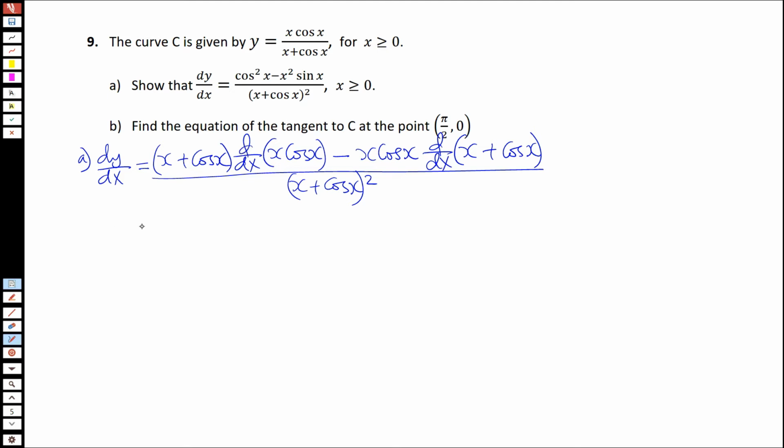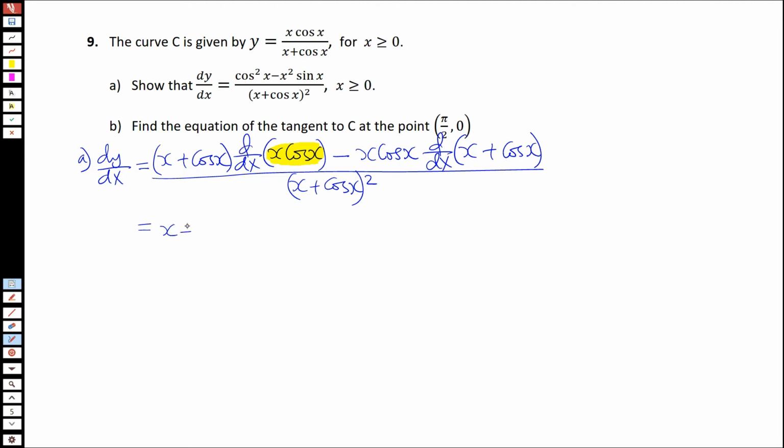Now, one thing to notice here is that we have a function inside another function, which implies that we have to use the product rule to differentiate that. So that will change our expression.